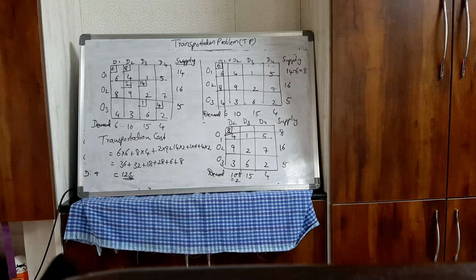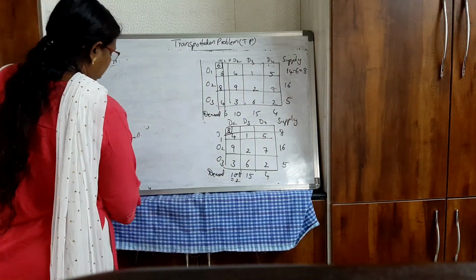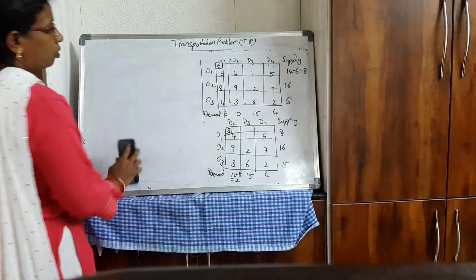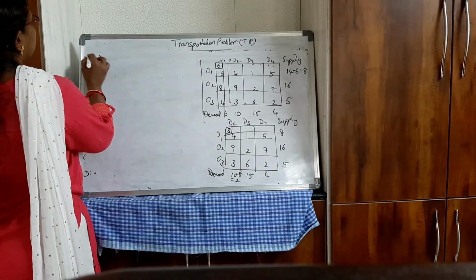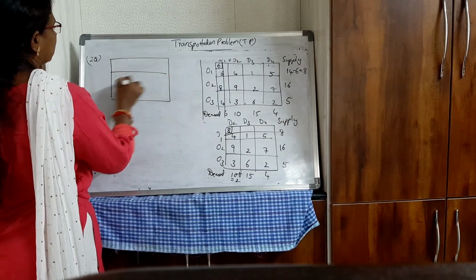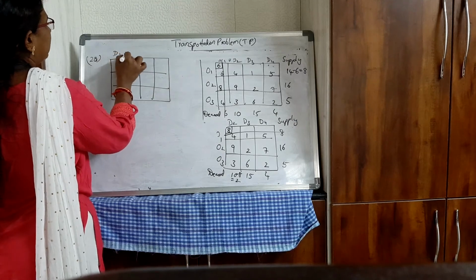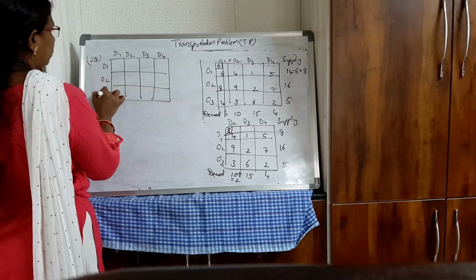If you have an unbalanced transportation problem, I'll just explain. I'll not do a problem, I'll just tell you how to solve it. Suppose I have a problem like this. I have D1, D2, D3, D4, O1, O2, O3.